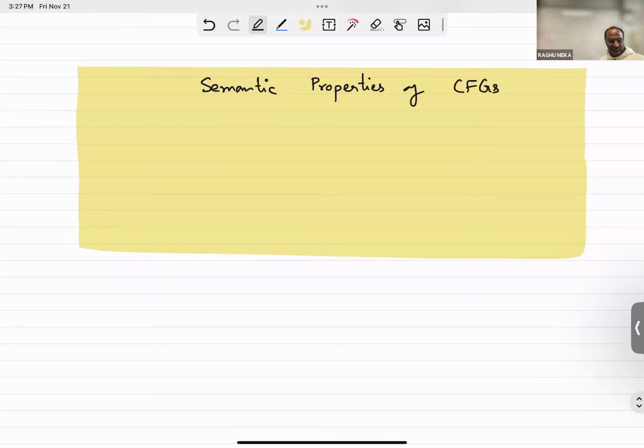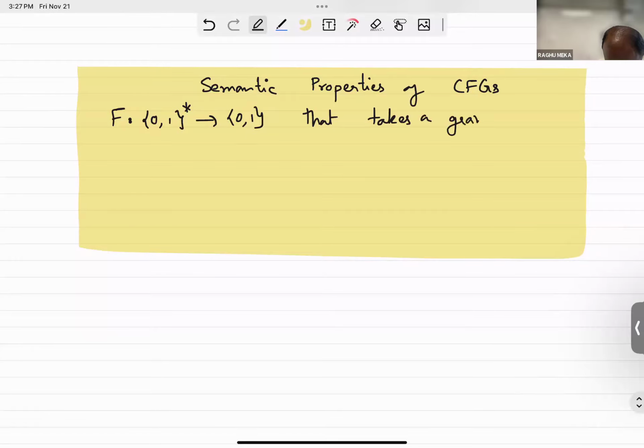Okay, semantic properties of CFGs. So let's say I have a function that takes a grammar G as input. Whatever its input is, we think of it as the encoding of a grammar. Just as we did encoding of Turing machines, circuits, and everything, we can also encode grammars as bit strings.